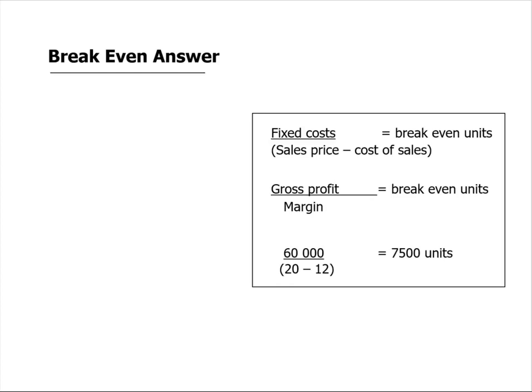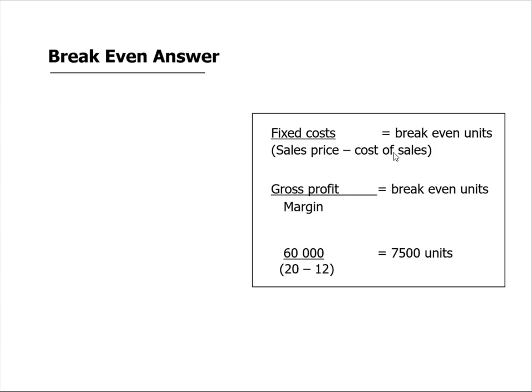To do that, we're going to start off by saying, well, we need a break-even formula, and this would have been a formula I showed you earlier. I've changed the terminology a little bit. I've said sales price minus the cost of sales, and in this context, I'm assuming that this cost of sales includes only variable costs.